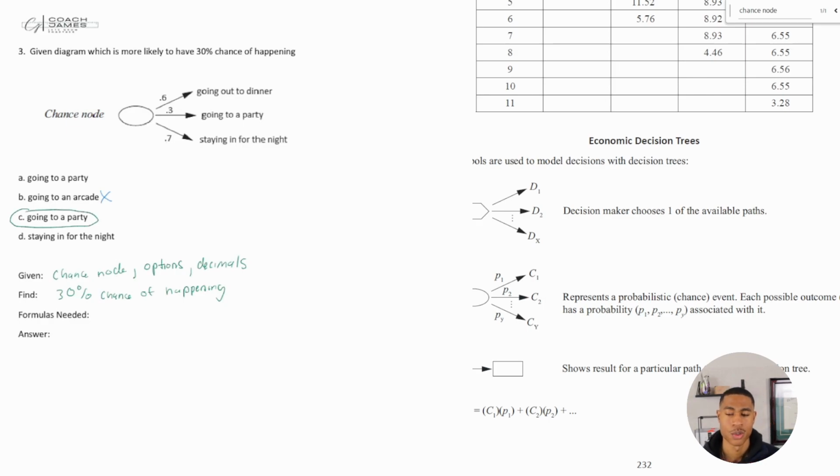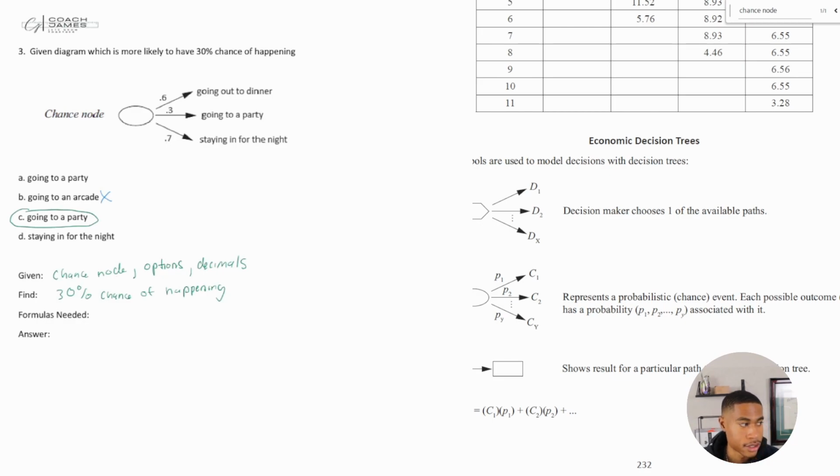So a lot of this is reading our handbook, taking the information that we get and comparing. If they give you a diagram, read and see what the diagram represents, get all the information that we need, and try to figure out what we're trying to find. And in this question, it tells us what we're trying to find.